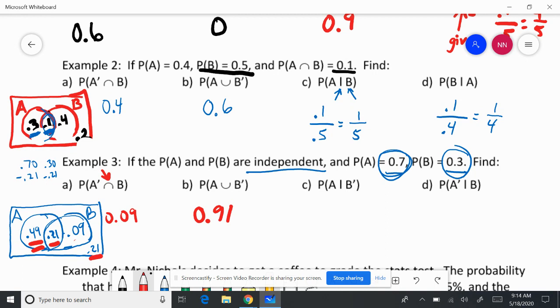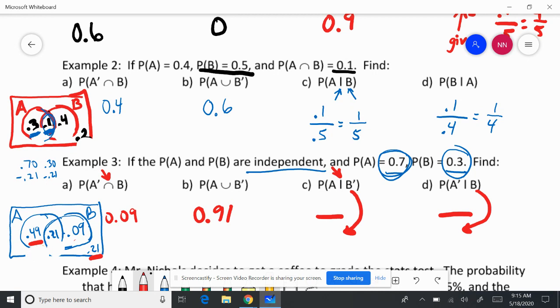The next two have the given probability. Given probability, what I like to do is think of a fraction. Our denominator is our given part. That's what's going to go on the bottom. So what we have to do is figure out what our given part is, and that would be not B. So we're looking at everything that's not B. Not B would include the 0.49 and the 0.21.